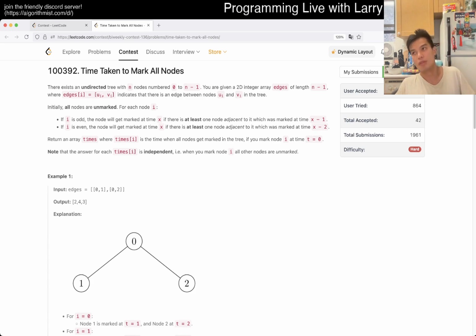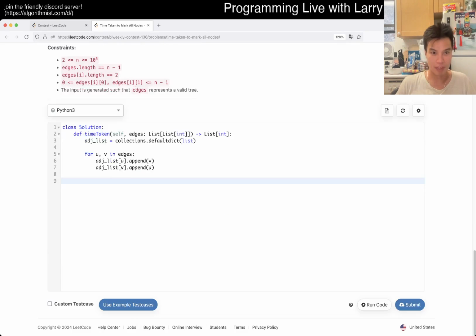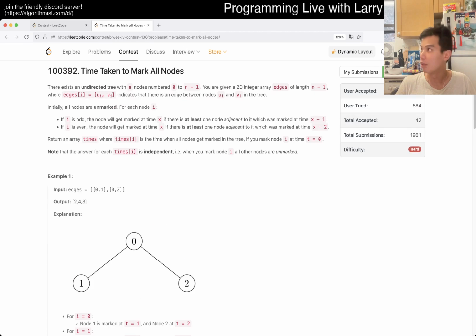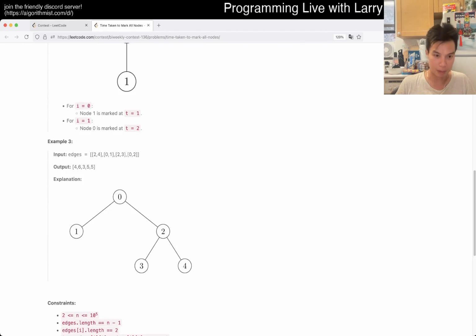Okay, so we have a tree, so now we have to pre-process this. Right. Oh, the last node, the furthest node from this node. Yeah, okay. We have a star graph, Larry. So it's a tree rerouting.